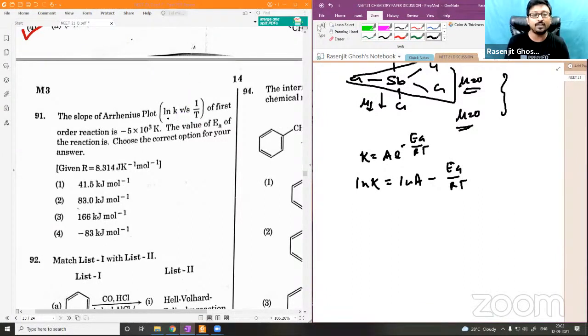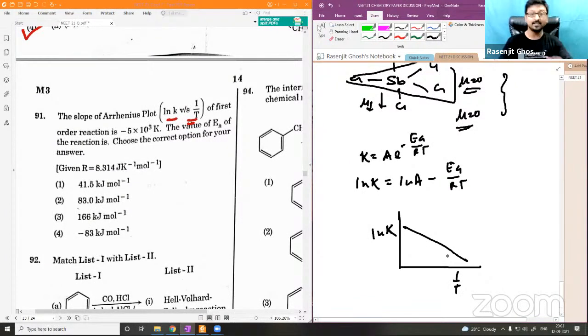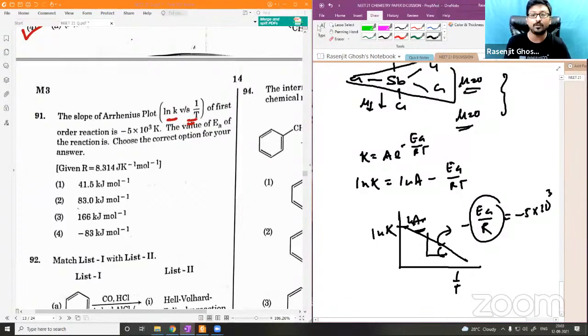Now, what they have shown is the plot of ln K versus 1/T. If you do the plot of ln K versus 1/T, you will get this kind of graph, with the intercept of ln A and a negative slope. And this negative slope is nothing but Ea by R, which is equal to the given minus 5 into 10 to the power 3.